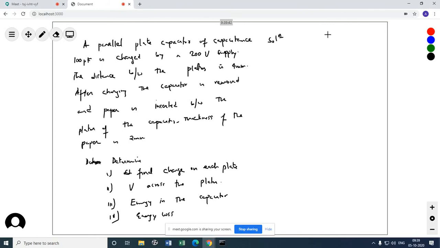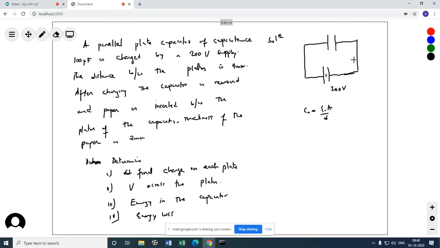The question is like this: I have a capacitor here, which is an air capacitor, because the dielectric between the plates is air, connected to a battery of 200 volt. It is being charged. So for an air capacitor, we know C naught is equal to epsilon naught A by D. Clear? This has already been provided.